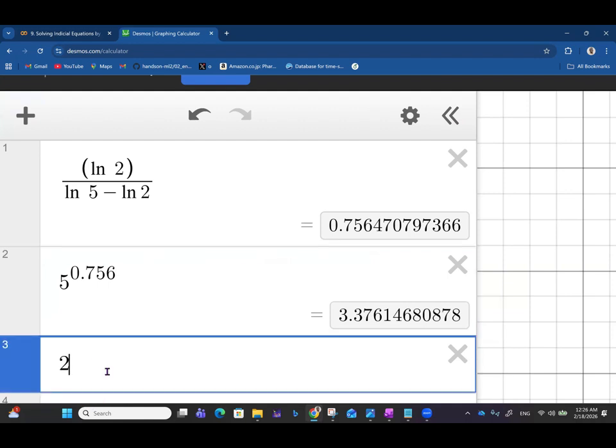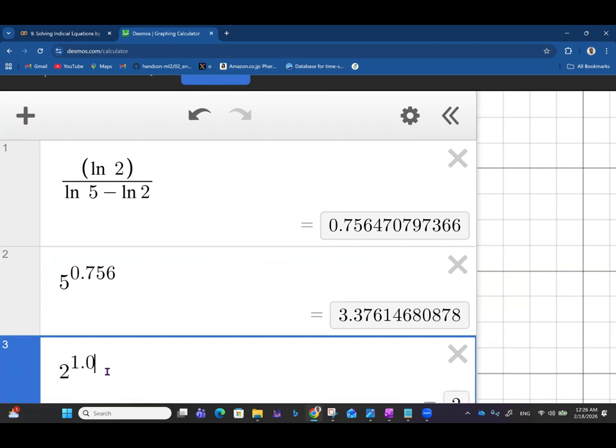On the other hand, we have 2 raised to power 1 plus x.